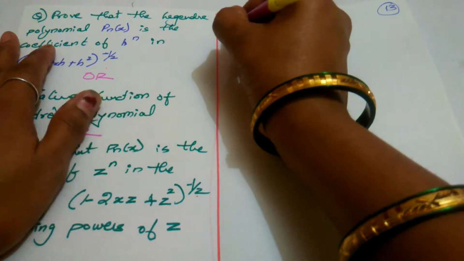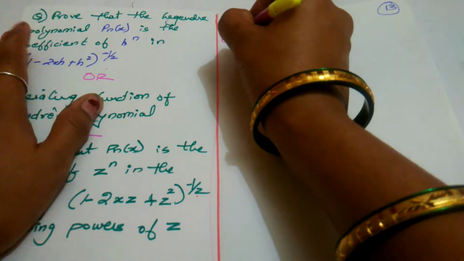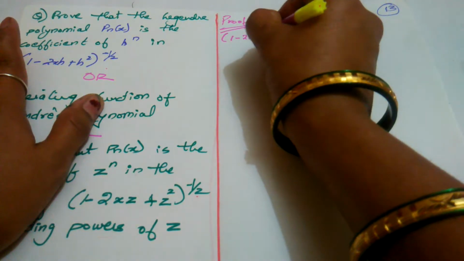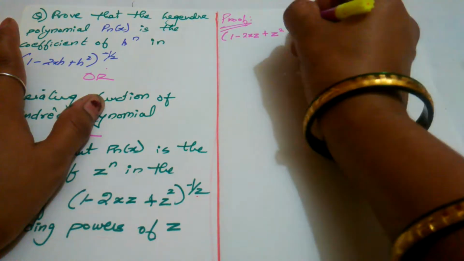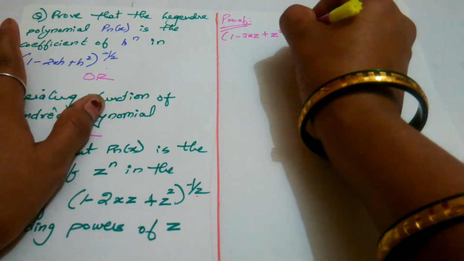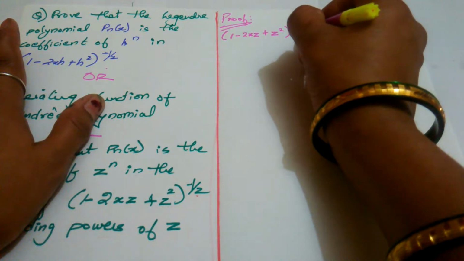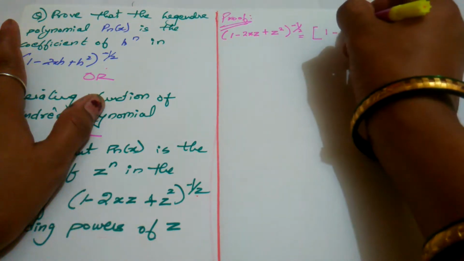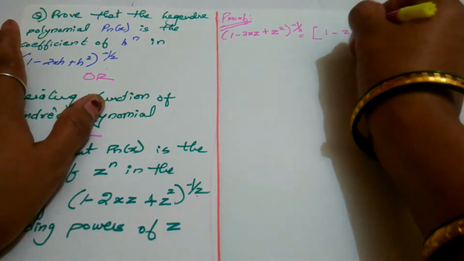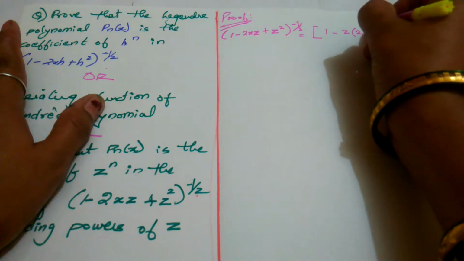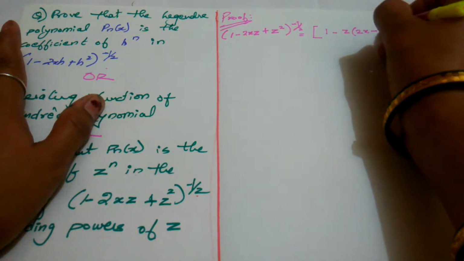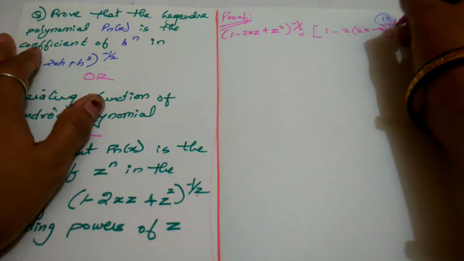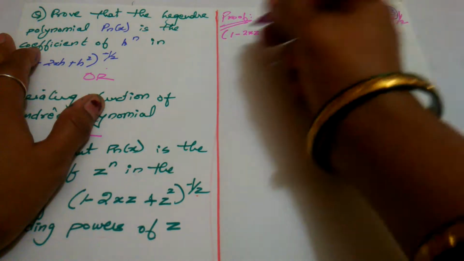First step: 1 minus 2xz plus z squared raised to minus 1 upon 2 equals 1 minus z(2x minus z) raised to minus 1 upon 2.